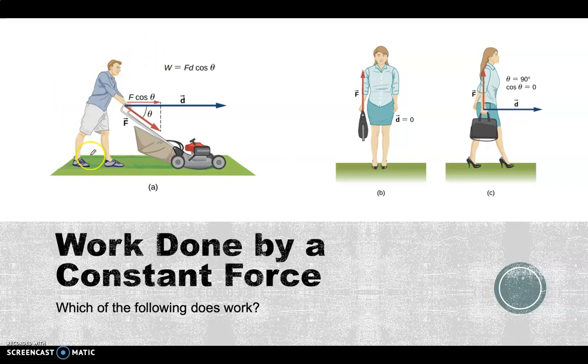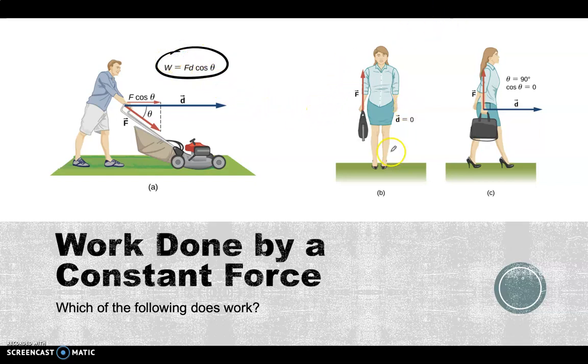If we look at part A here, where there's this guy pushing on a lawnmower, at some force at this angle, and the lawnmower is moving with some displacement here, we do have some sort of work going on, right? Because work is equal to force dotted with the displacement. So we do have work here.